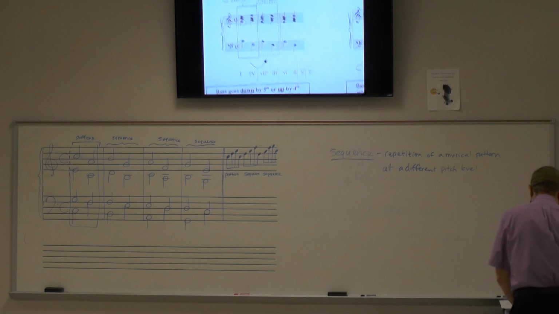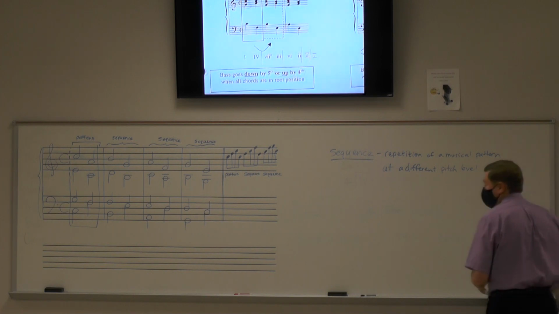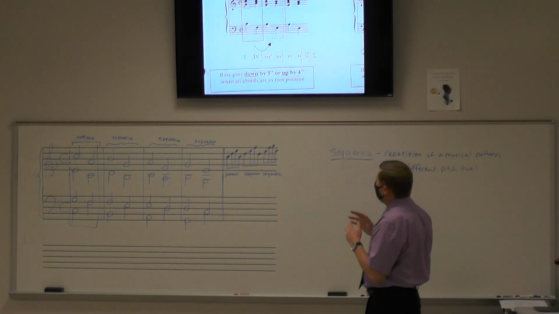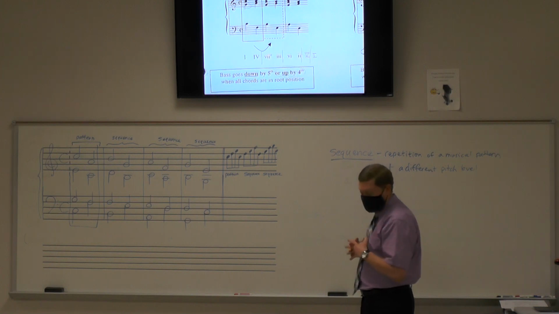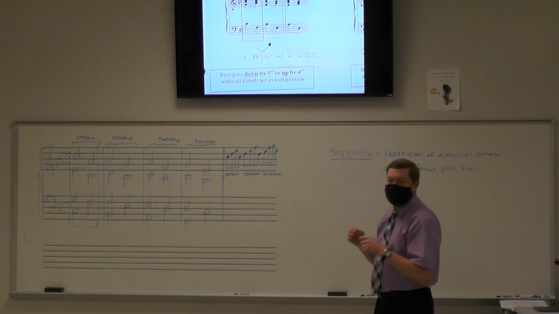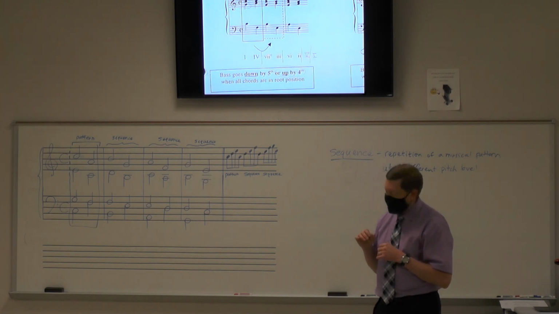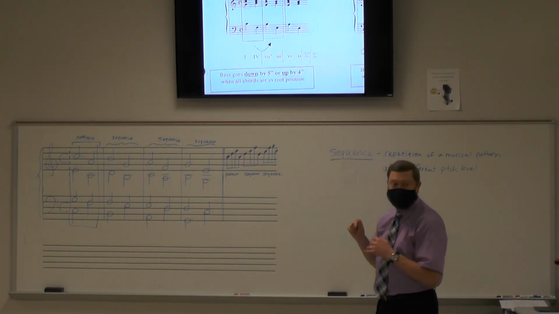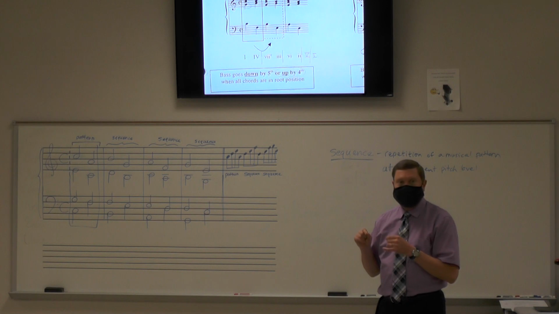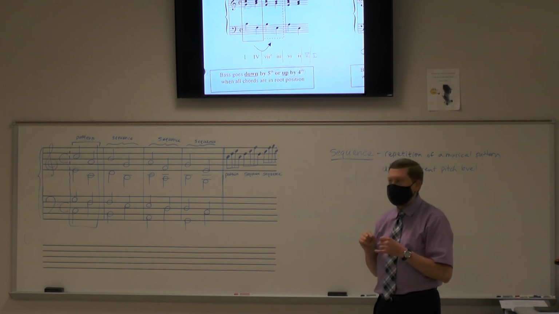Oh, and by the way, there are many types of harmonic sequences, but the way you can isolate them, identify them, and know them specifically is because the bass line is unique to each type of sequence. The bass line is singular, it's unique.